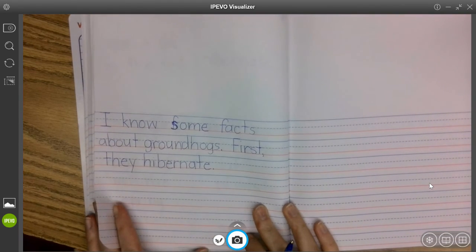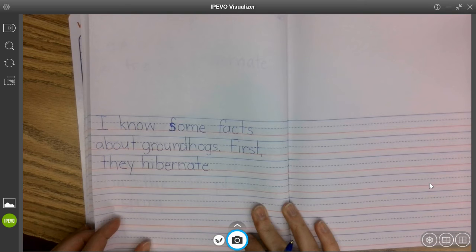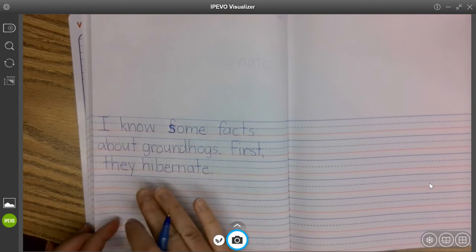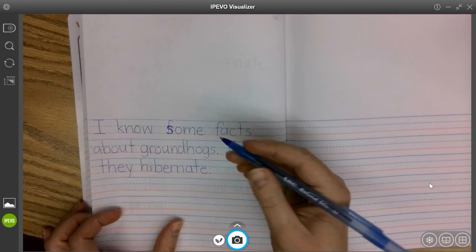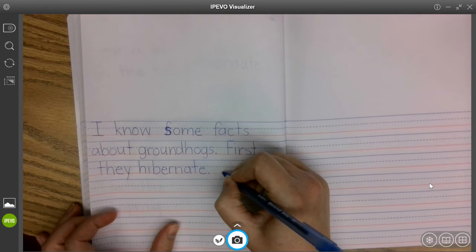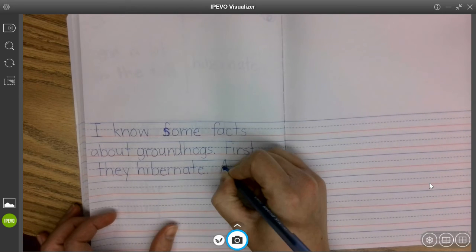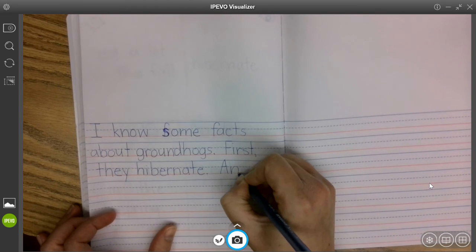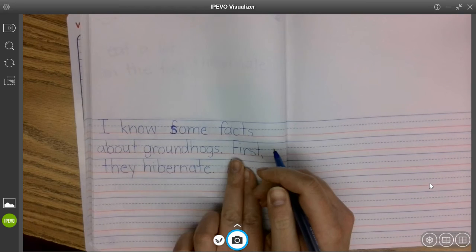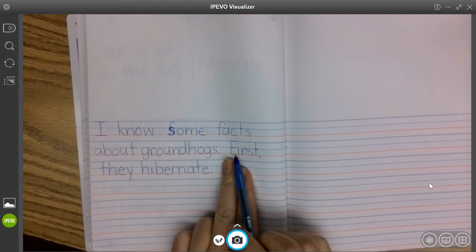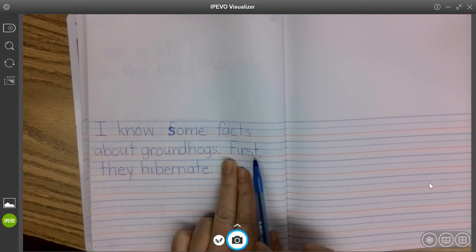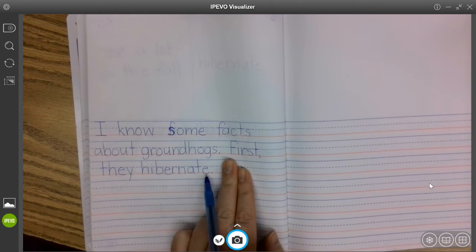Our second fact we share by saying another fact is. So first they hibernate. Another fact is. Oh, remember, we want to go back and read it. And I did read it out loud a couple of times, but we should look at it together. Okay, first they hibernate.